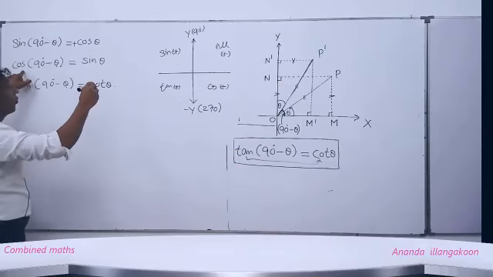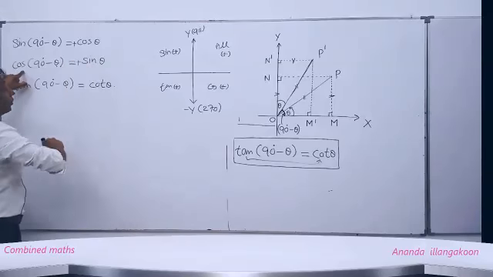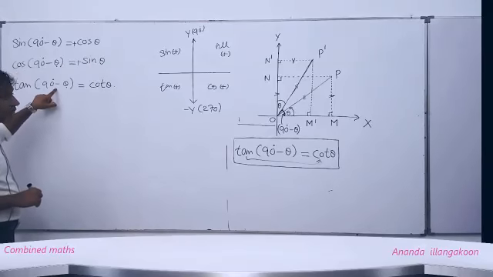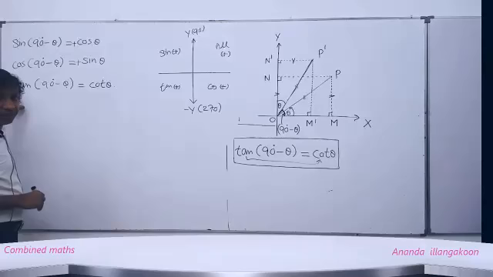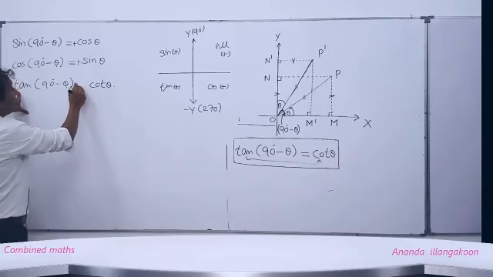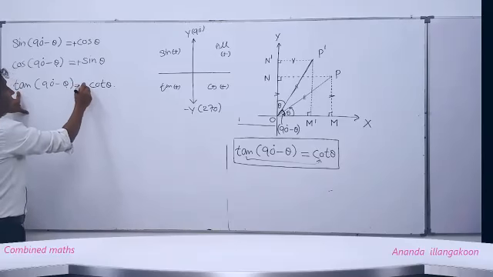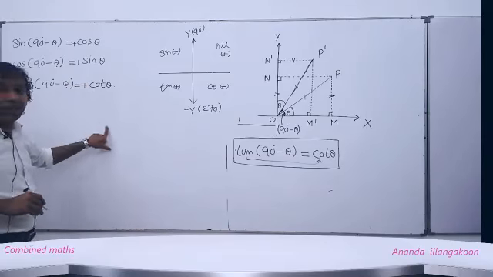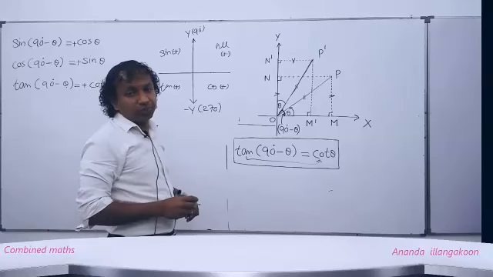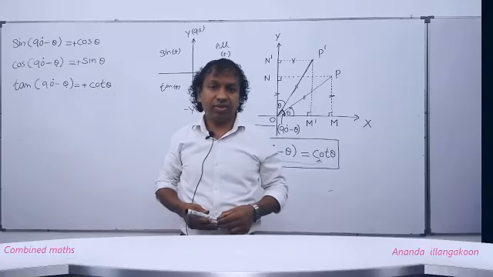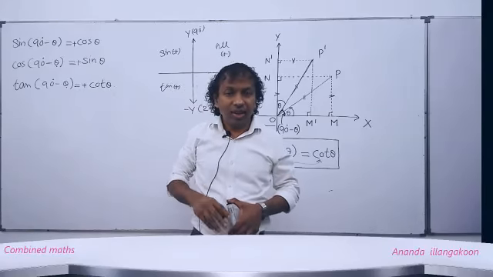Therefore, cos is also positive, so this plus sign we have to put. For the first quadrant, tan is positive. Therefore, this way, we have to finally determine the sign. Sine also. Understand?